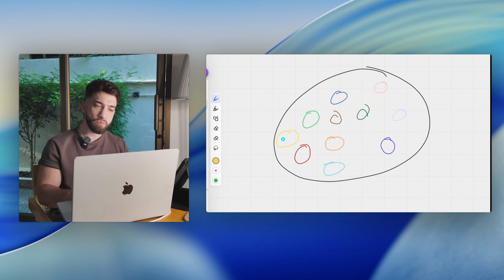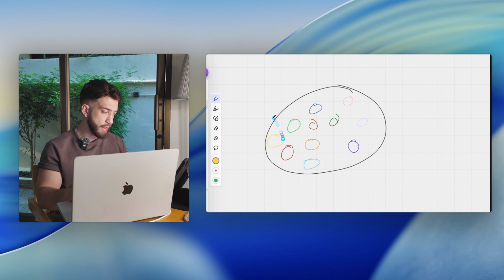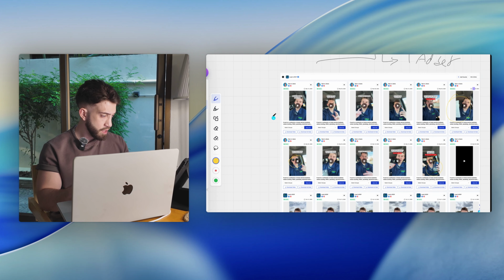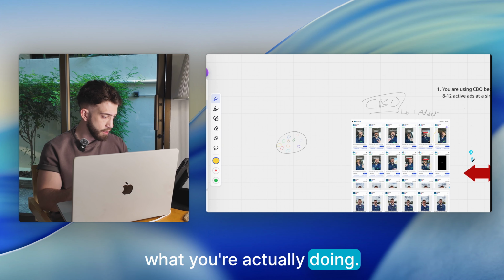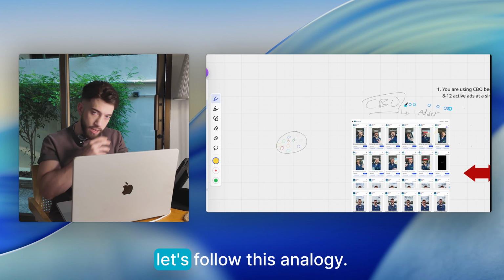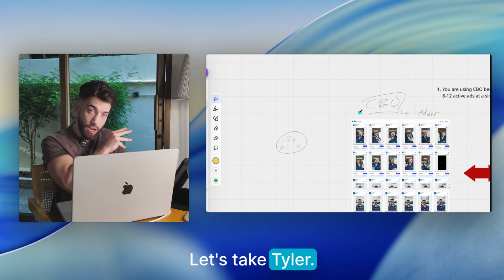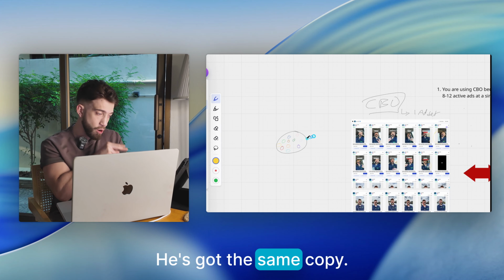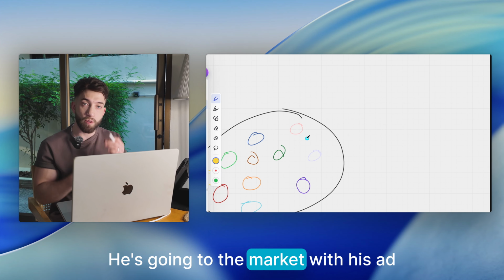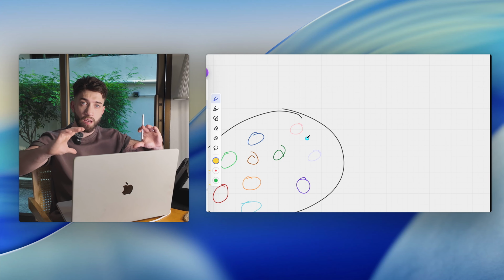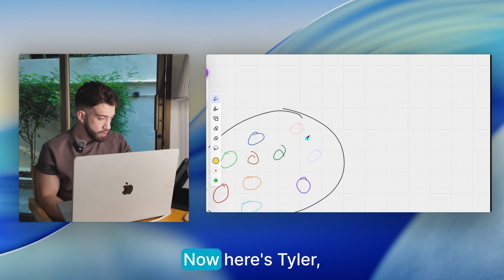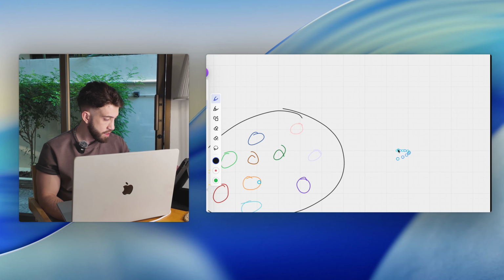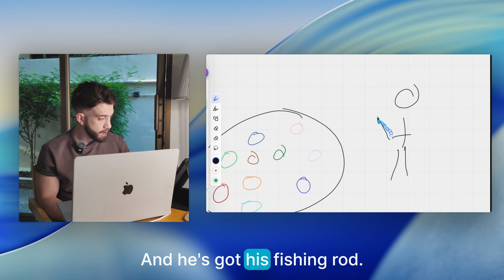Now when you're creating ads like Tyler here, let's follow this analogy. Tyler's got these ads, he's got the same copy, he's going to the market with his ad spend and forcing these into his singular campaign. Right now, here's Tyler, and he's got his fishing rod.